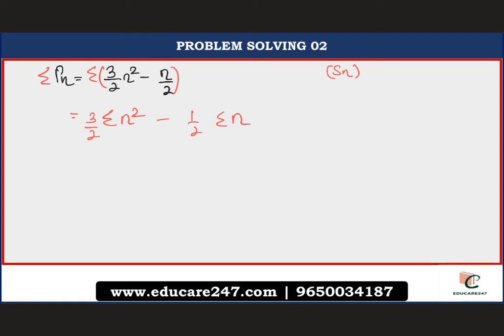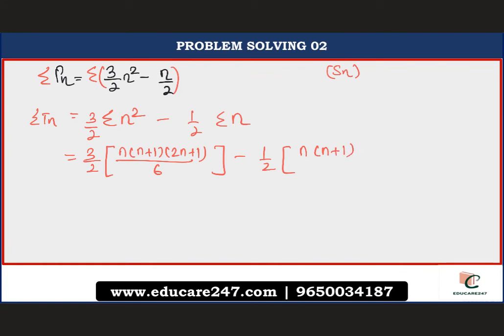So this is summation tn. What is the summation of first n square natural numbers? We had seen the formula, it is n into n plus 1, 2n plus 1 divided by 6, and here 1 by 2, and the sum of first n natural numbers was n into n plus 1 divided by 2.